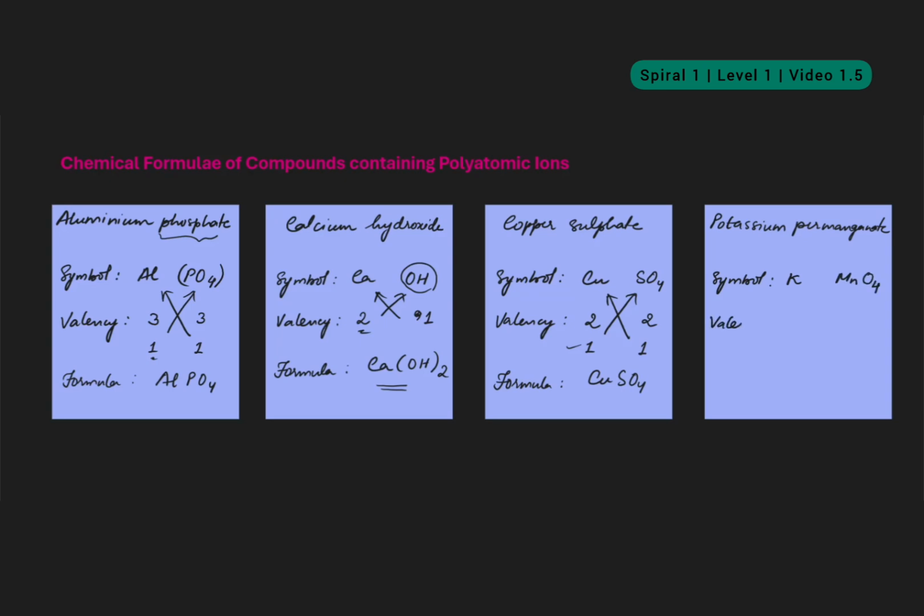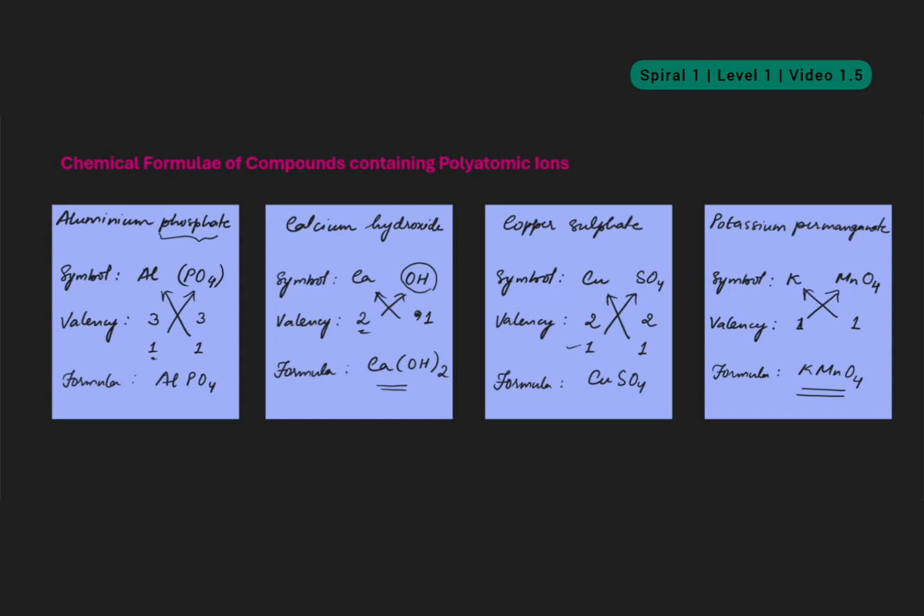Then we'll write the valency. So what is the valency of potassium? It is 1. What is the valency of permanganate? It is also 1. Okay. We'll do the crisscross. So the formula for potassium permanganate is KMnO4. Very commonly used even in your higher classes practicals.